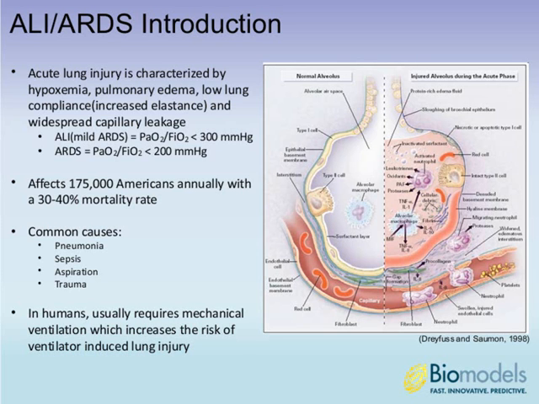In general, it affects about 175,000 Americans annually, and it really has an unacceptably high mortality rate of 30 to 40%. Some of the common causes: pneumonia, sepsis, aspiration, trauma, and in humans, this generally requires mechanical ventilation, which also increases the risk of ventilator-induced lung injury.